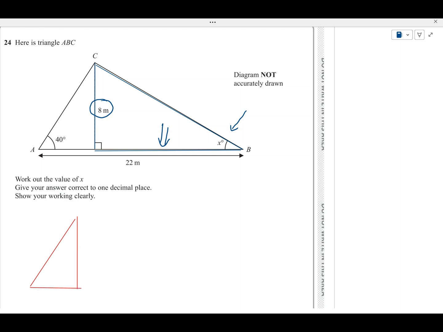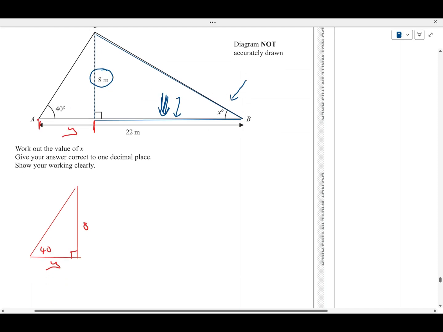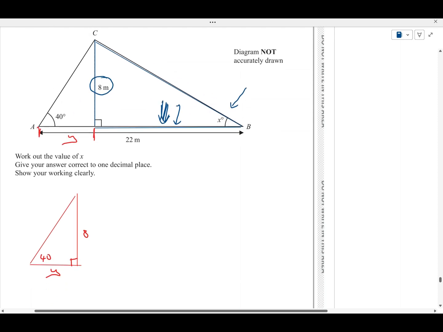I'm thinking that's a right angle, that's 40, that's 8. I'm thinking I could find this length, I'll call it y, and then I could take that length off the 22, and then I'd know what this length is here. So let's try that first, shall we?